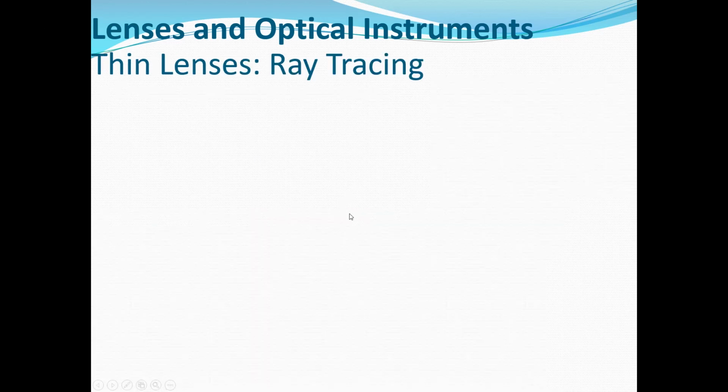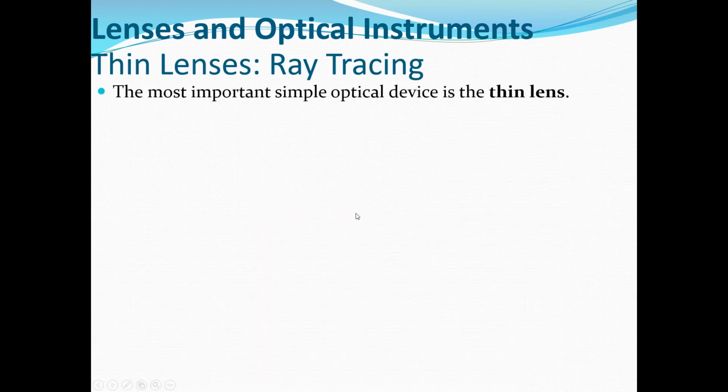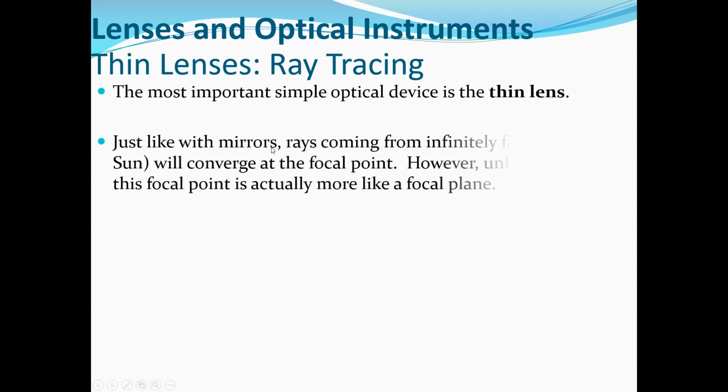So just like with the mirror, one of the things that we're going to want to do is create ray diagrams in order to figure out where things are going to land. Now, the type of lens that we're going to deal with are thin lenses. We're going to pretty much assume that they have very little thickness, and all it is that they have that shape that allows for this special, unique refraction property.